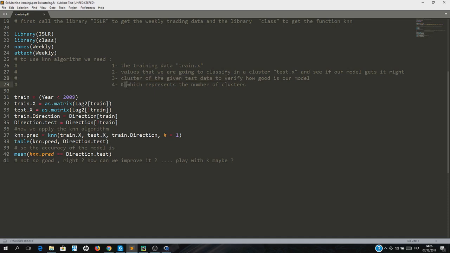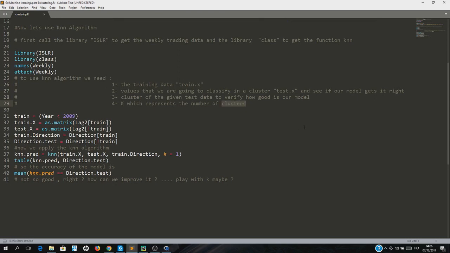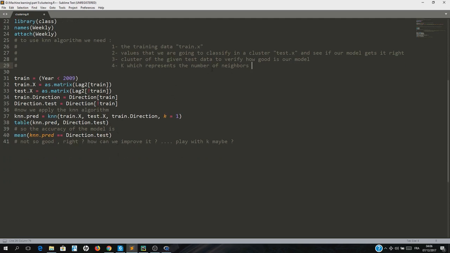And k, as I told you in the video last time, the user needs to provide the k. With the KNN algorithm, the k means how many neighbors we look at to classify each data point. Yeah, the number of neighbors.